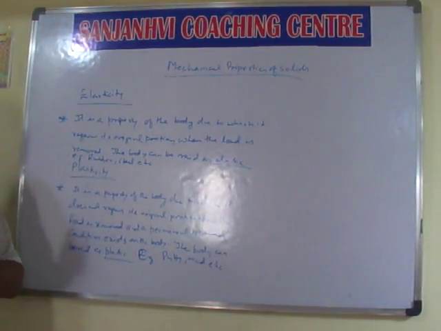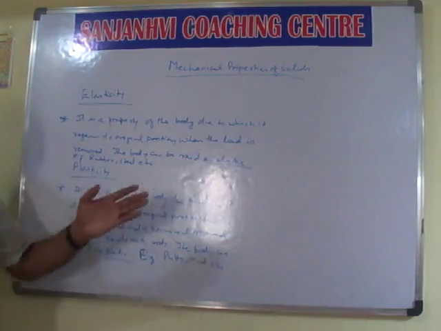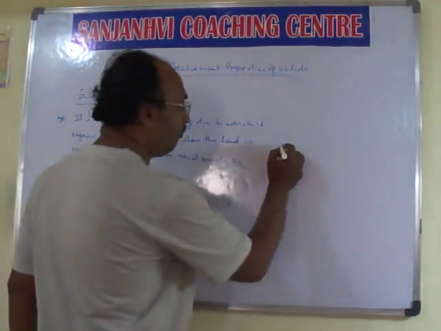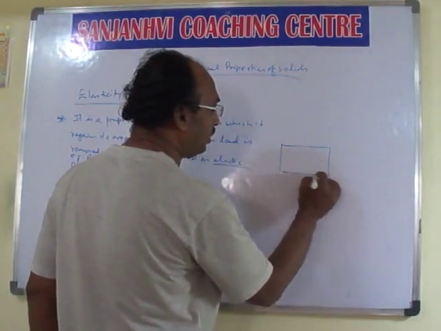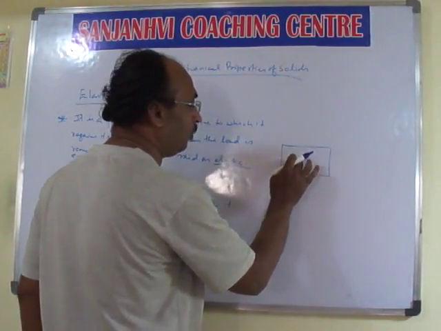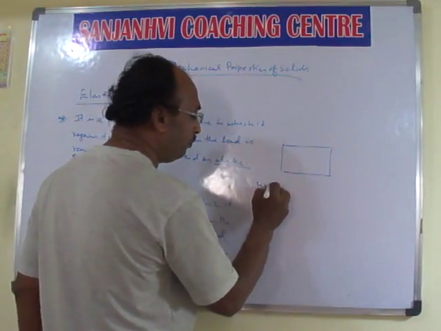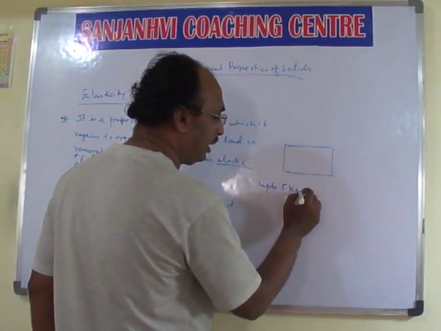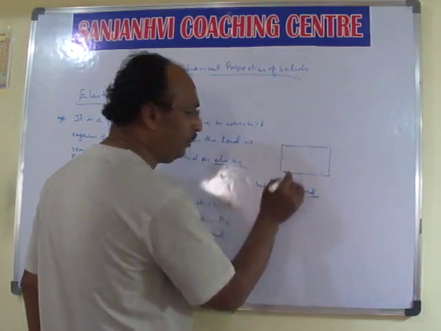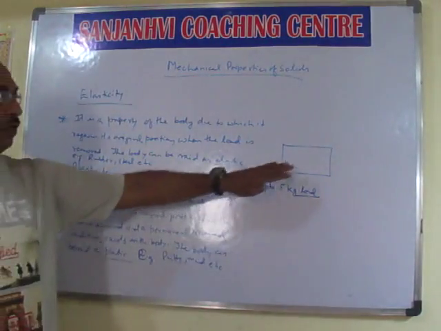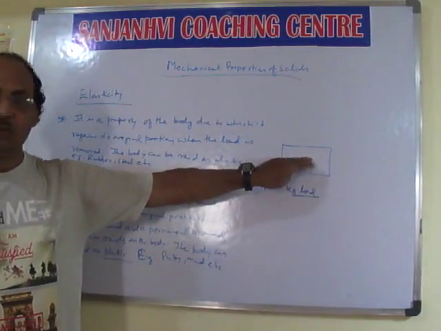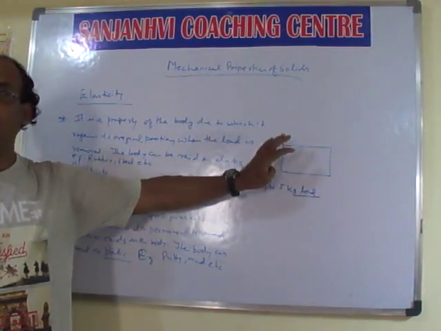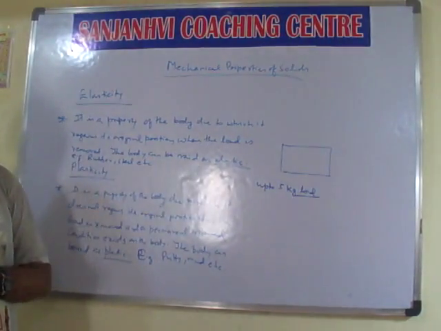But if the body is loaded with 6 kg, suppose the elastic limit for this particular body is up to 5 kg. Up to 5 kg load, there will not be any problem on this body. Even if some little deformation takes place, its area and everything will regain its original position.